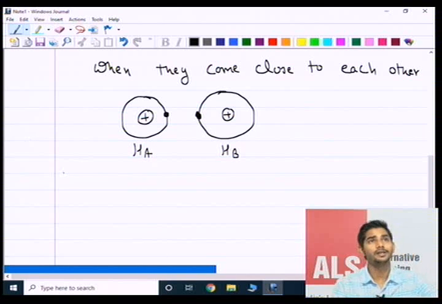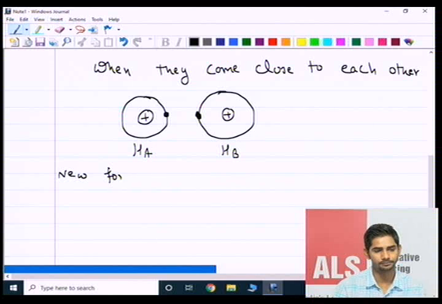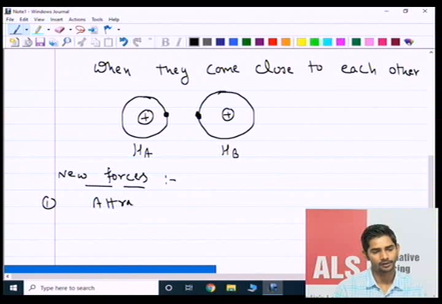So after understanding the concept of forces, let's write them down. New forces. First is attractive forces.